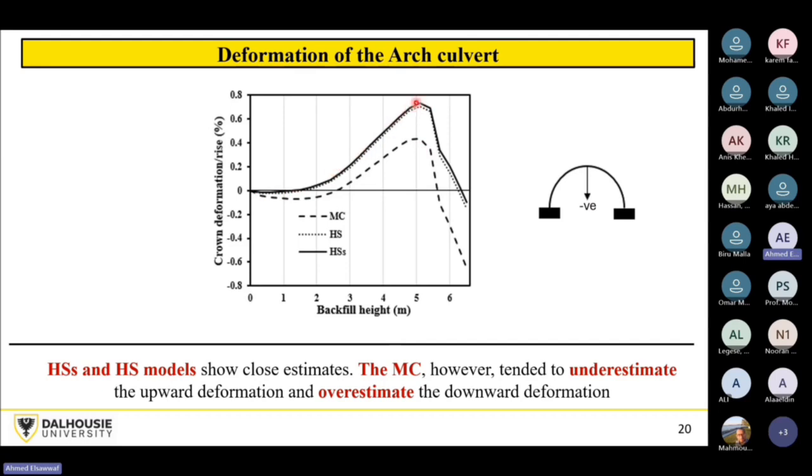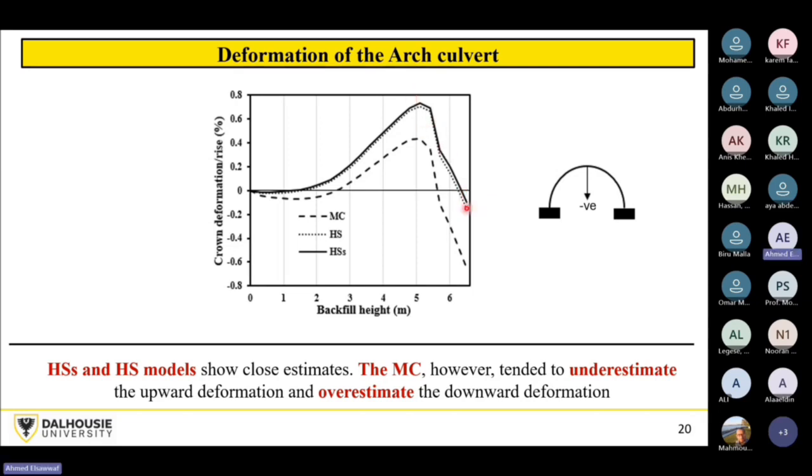That's called peaking, because the soil on both sides is pushing the arch laterally, so the arch crown will move upward. After the backfill gets here, and you are now placing and compacting the soil over the crown, it will take a different behavior and deform downwards again.